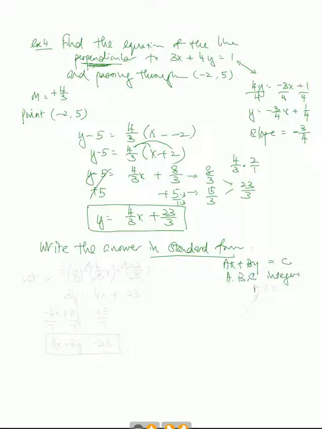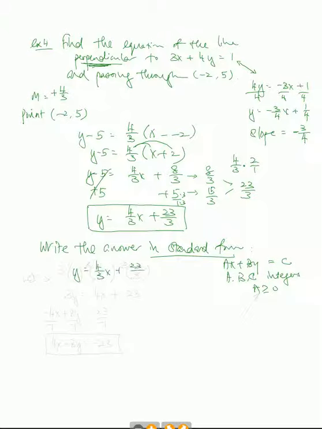So all that has to come into your mind whenever someone mentions they want the equation of a line in standard form. The equation we have is y equals 4/3 x plus 23 over 3.